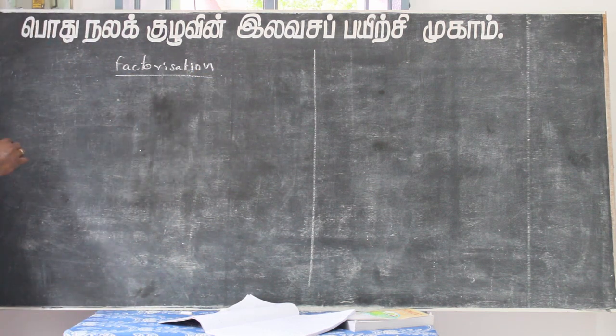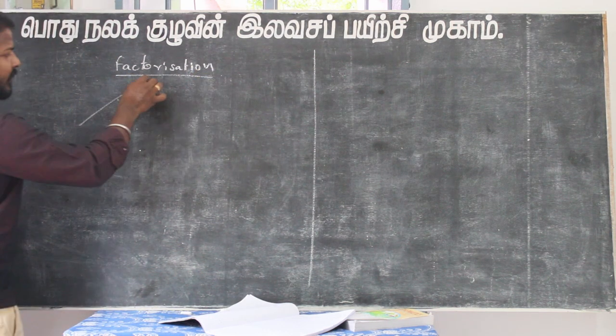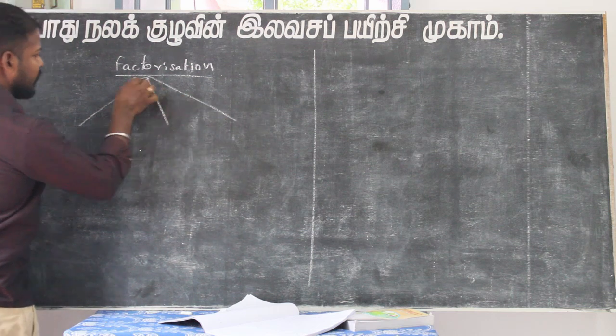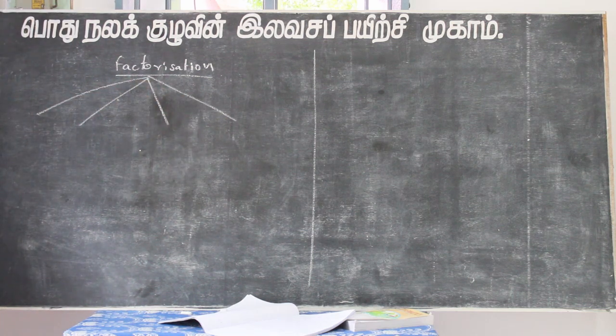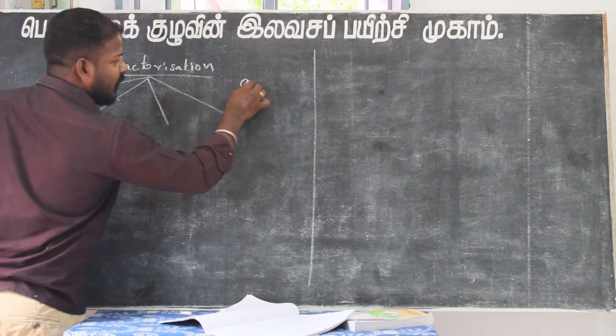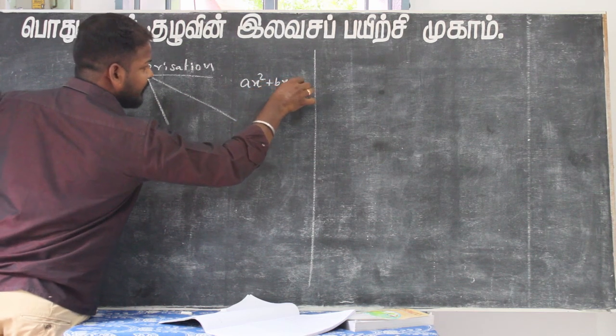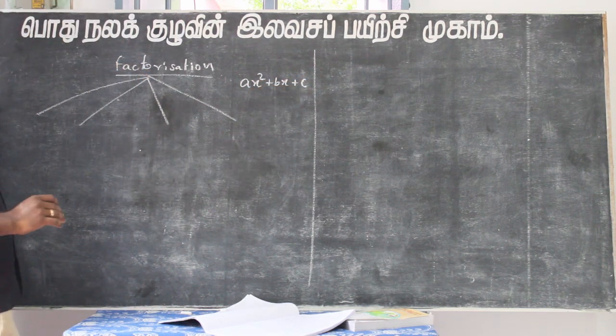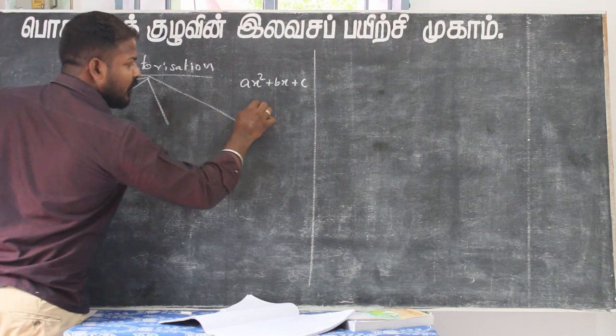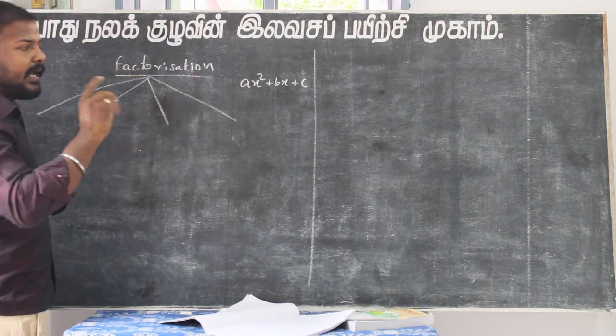Factorization. So 4 cases will come. What are the 4 cases? Already we know that the general form of a quadratic polynomial is ax square plus bx plus c. Here 2 things will come, product and sum.